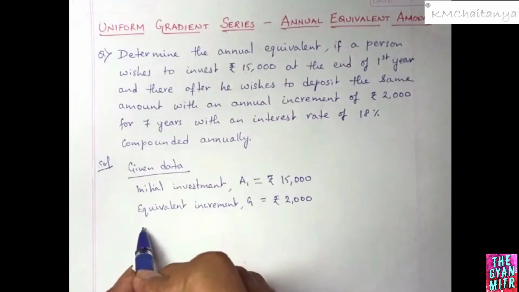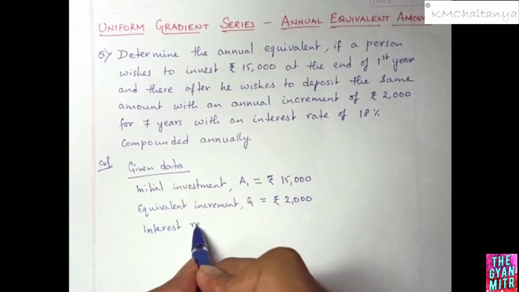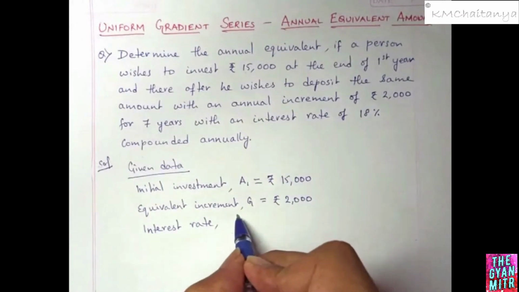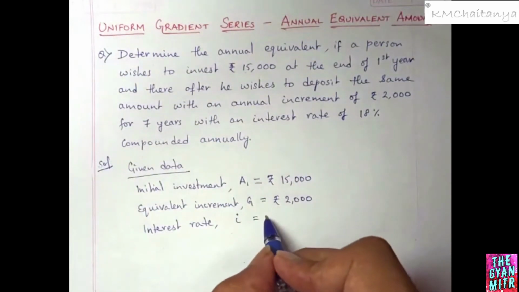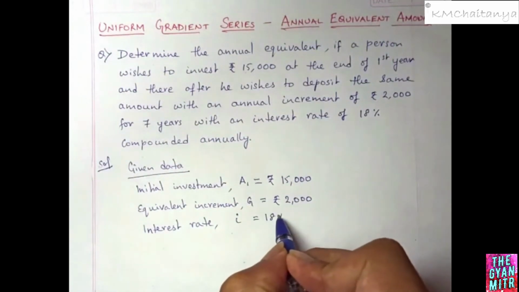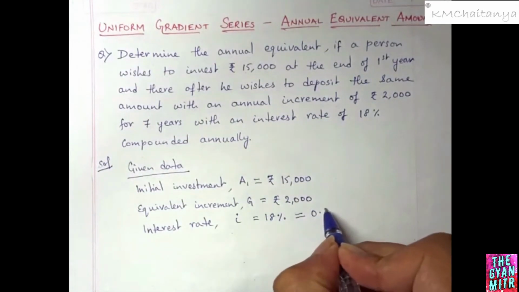Next, rate of interest or interest rate, which is small I. The rate of interest is 18%, so into decimals I am going to convert 0.18.